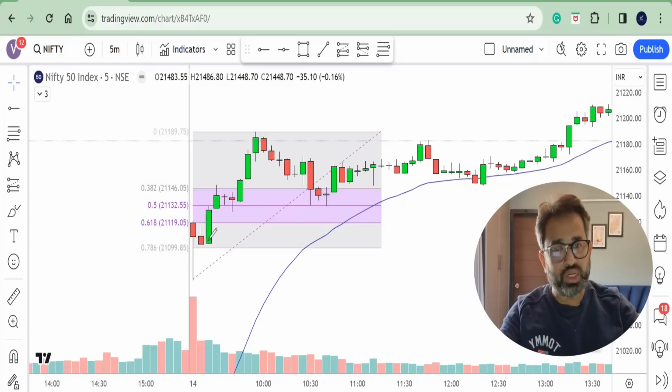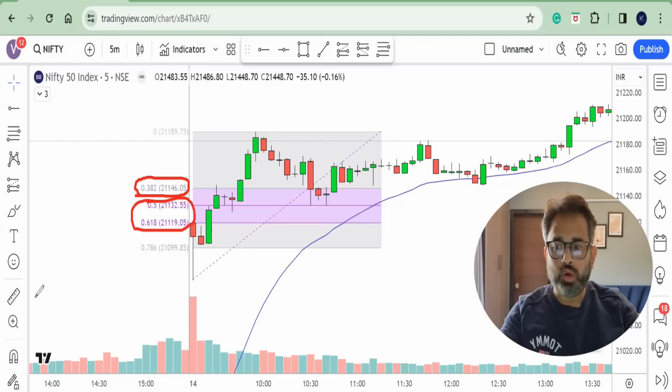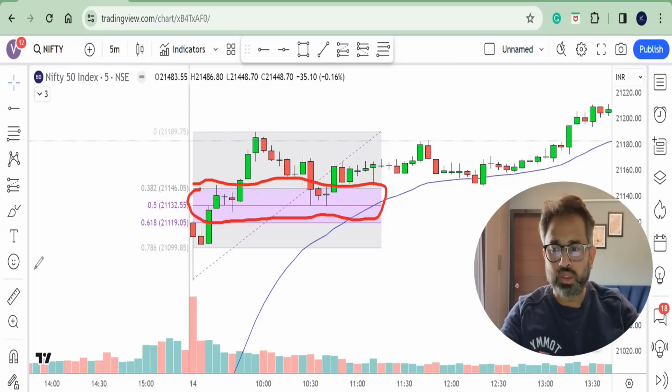When the trend is very strong, most of the time it is likely to take support near 0.382, and when it is going a little bit deeper, then it can go up to 0.5 to 0.618. So that is why I marked only these three lines in purple color. That means you should give more importance to this purple box on the chart.